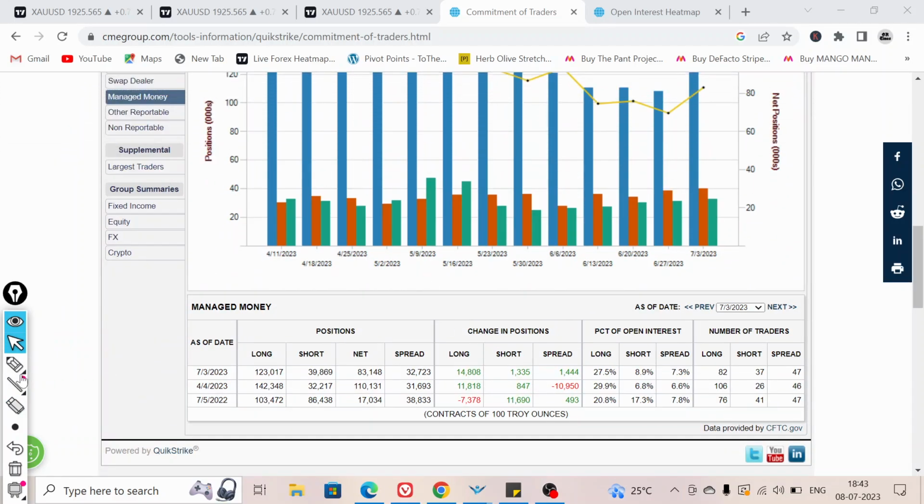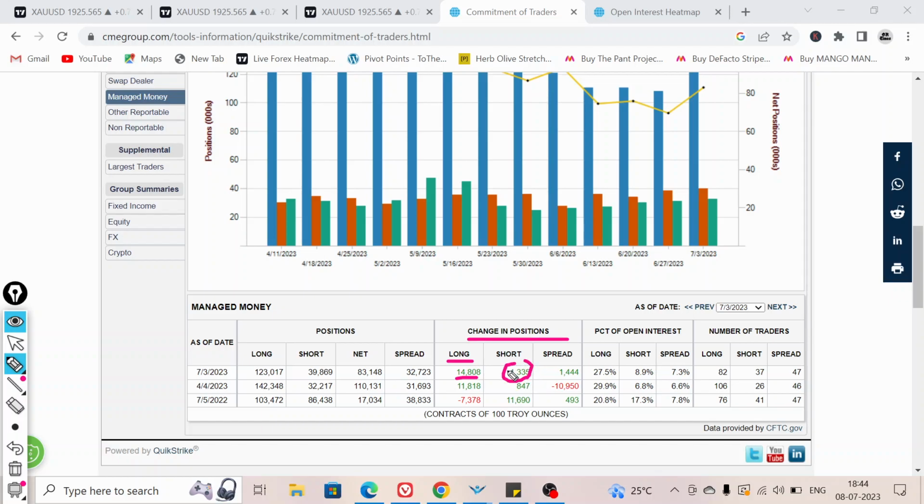If we look into the change in position column, you can see that in the long, this time they added. They added a big number, 14808, and they are still holding their short, or you can say they are adding to the short.